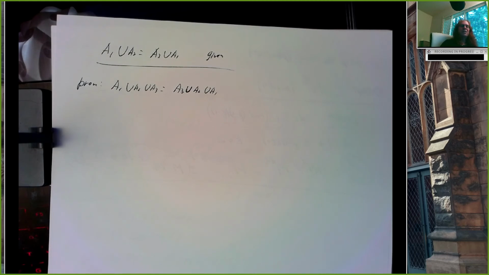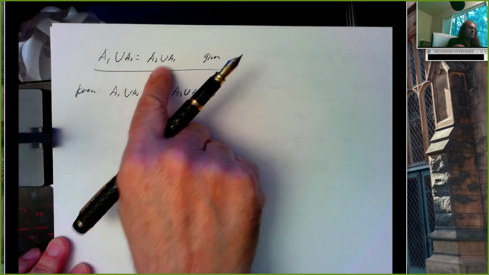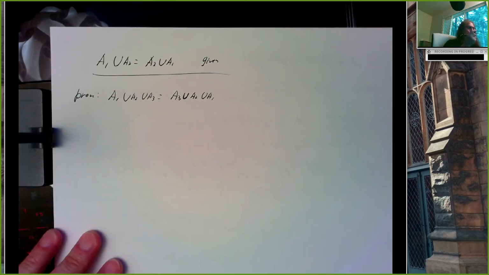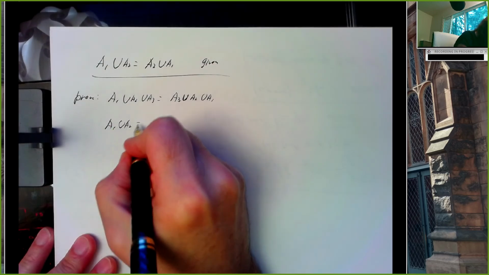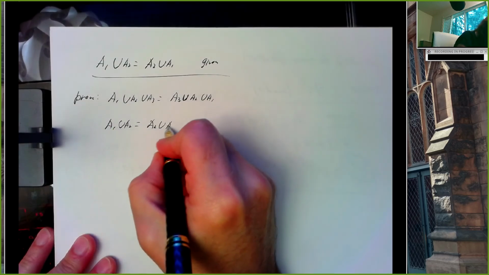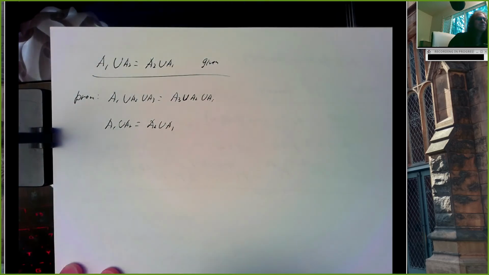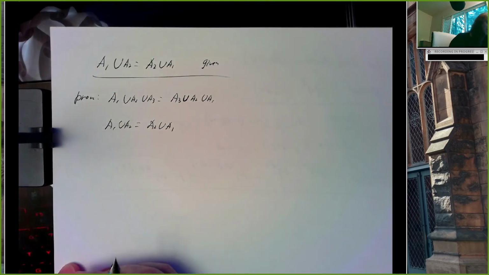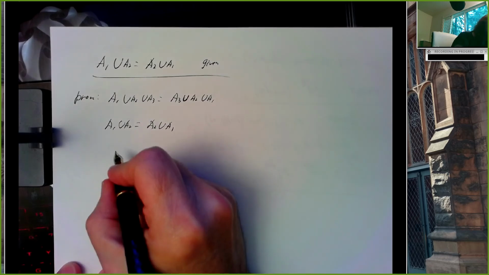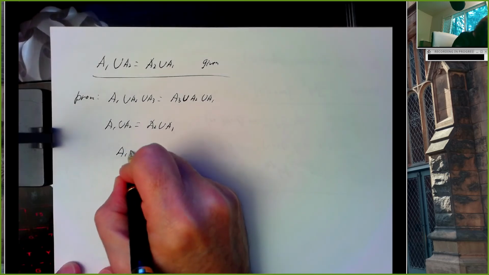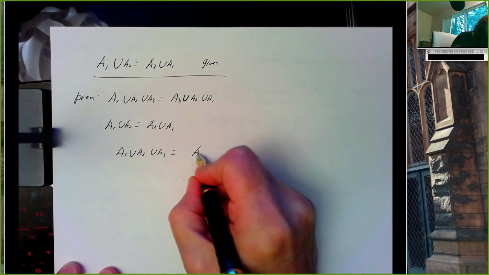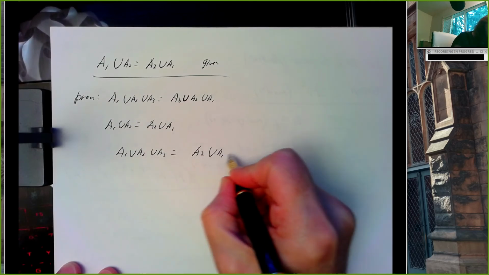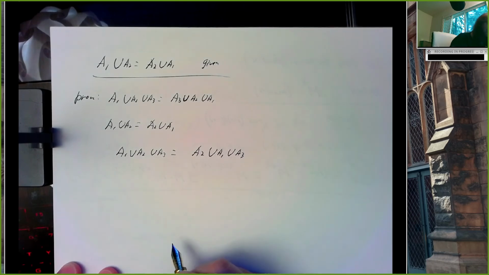And without knowing anything about A1, A2, A3, we can do this really just using this fact. And we could do this as follows. I could say A1 union A2 is equal to A2 union A1. That's given. I'm not going to write this like a formal proof. This is just a motivating example. And so A1 union A2 union A3 is the same as A2 union A1 union A3.